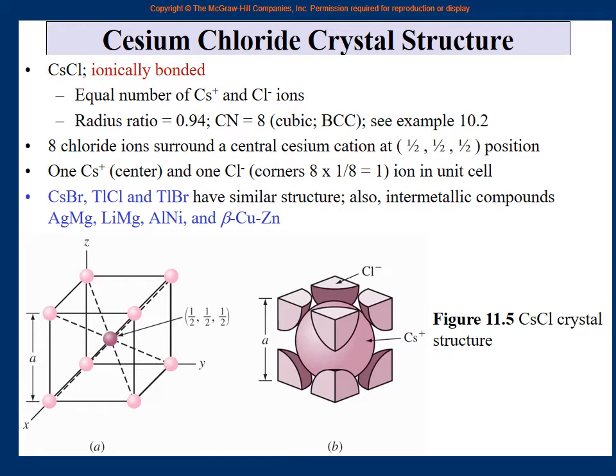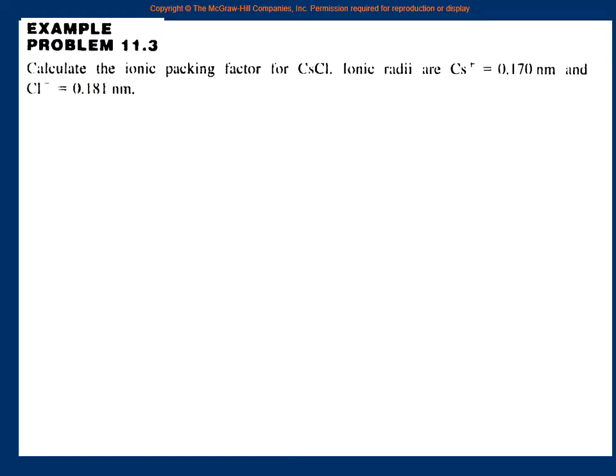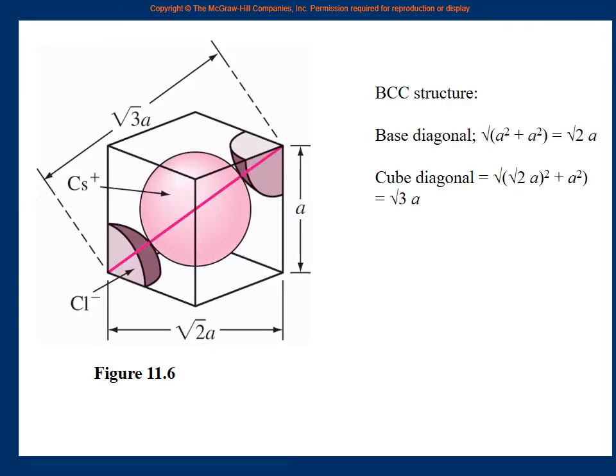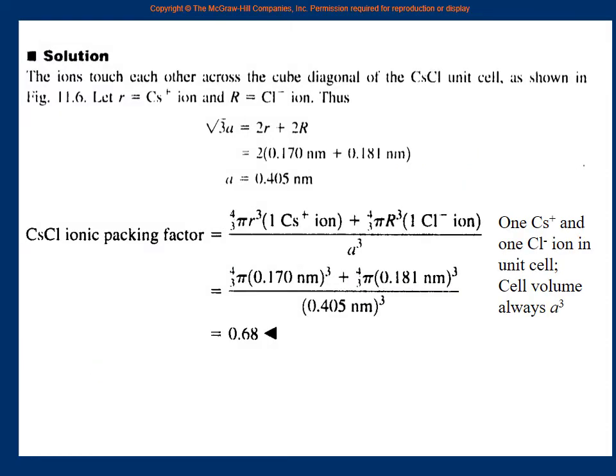One of them is cesium chloride and many others are like it, and it is basically a BCC type crystal structure with coordination number 8. We described this to you and solved a problem about this. We gave you the structure and how to do the calculations, and then we calculated the atomic packing factor. So this is where we stopped.